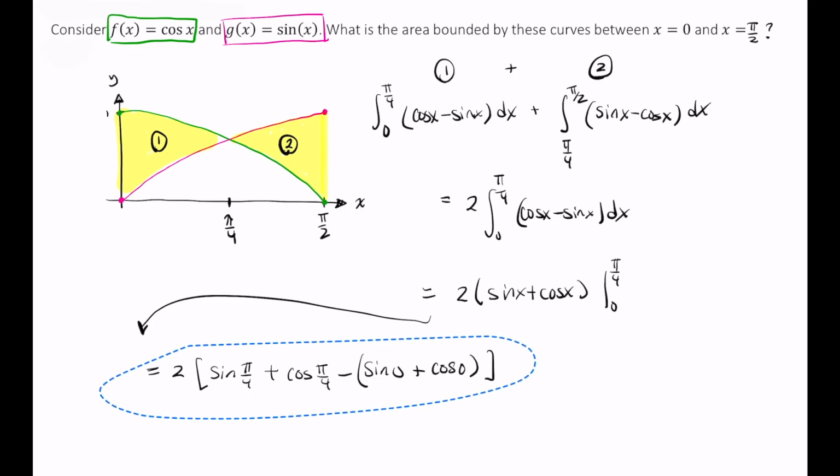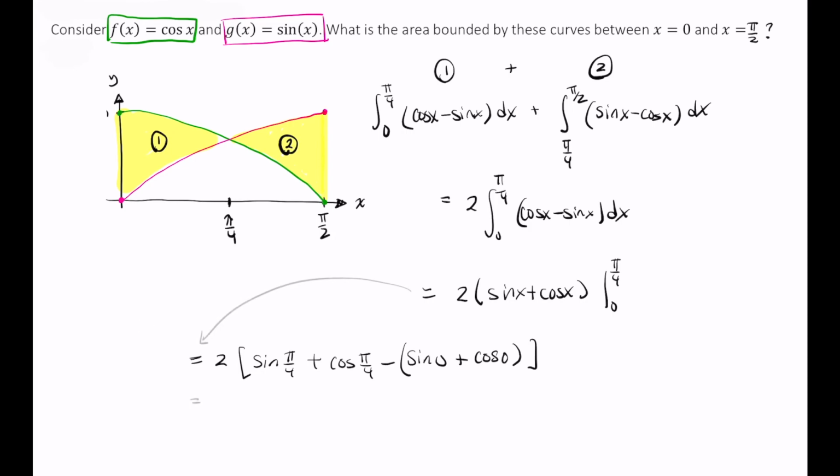Well, sine of 0 is just going to be 0. Cosine of 0 is just 1. Sine of pi over 4 and cosine of pi over 4 are both the same: root 2 over 2 and root 2 over 2.